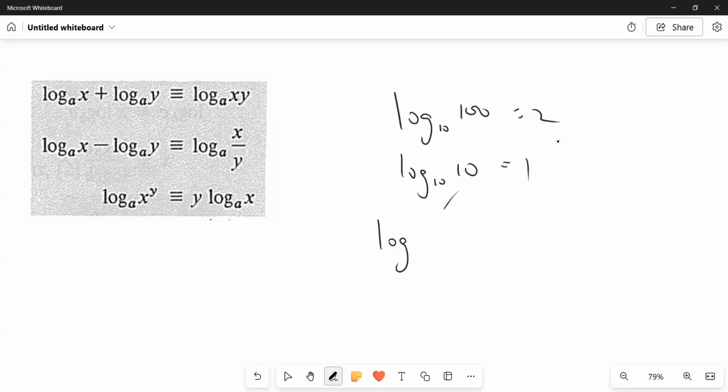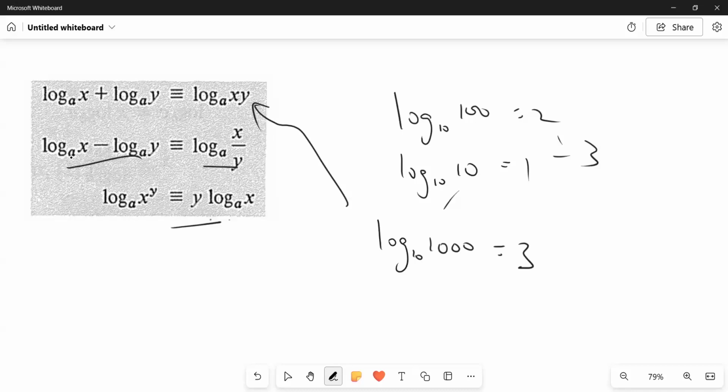The sum of these two is 3. So the logarithm of the product of 100 and 10 will give you 1,000, right? So the logarithm of 1,000 with a base of 10 is 3. You see? So it's true for that first law. And same thing if you were to try numbers here, you will see that it's true.